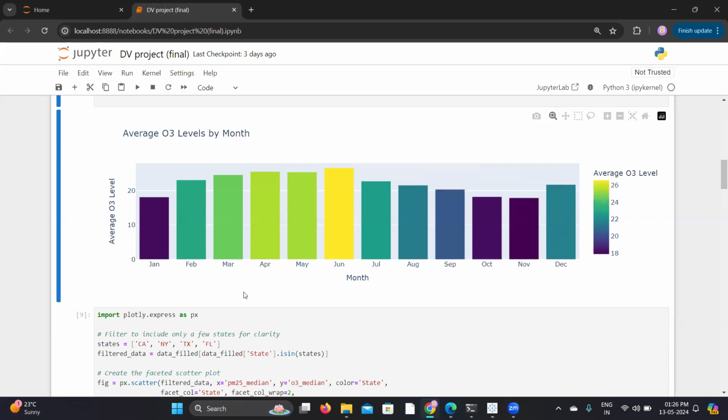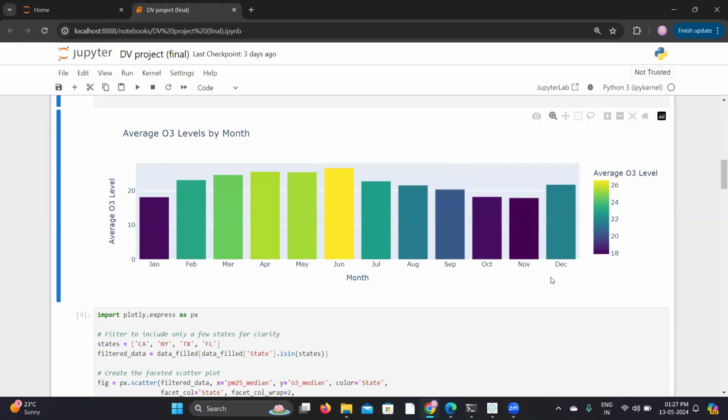This pattern reflects a typical seasonal variation in ozone production, which tends to increase in warmer months due to higher sunlight exposure and temperature catalyzing the reactions that produce ozone.